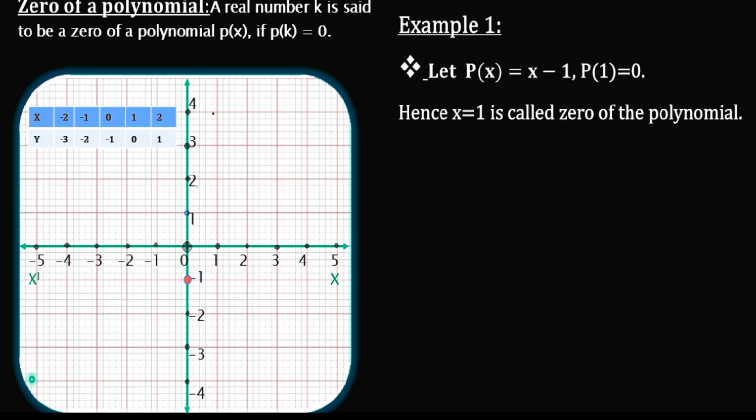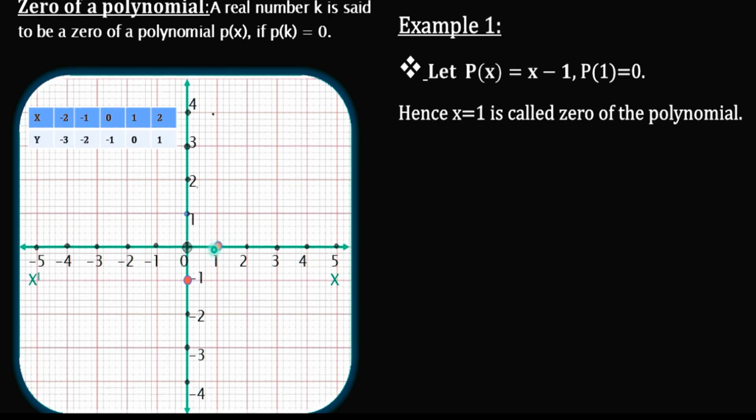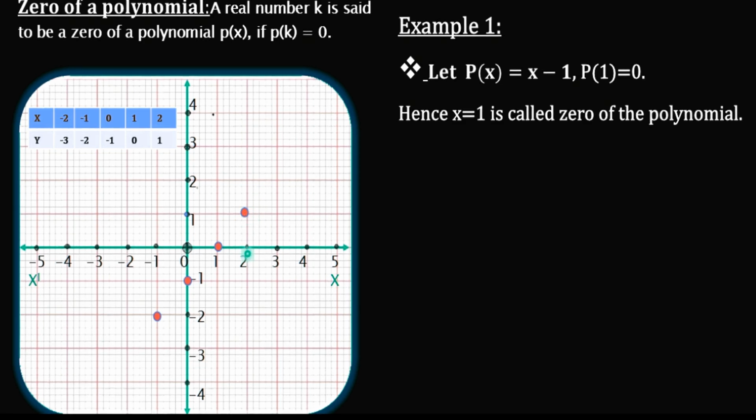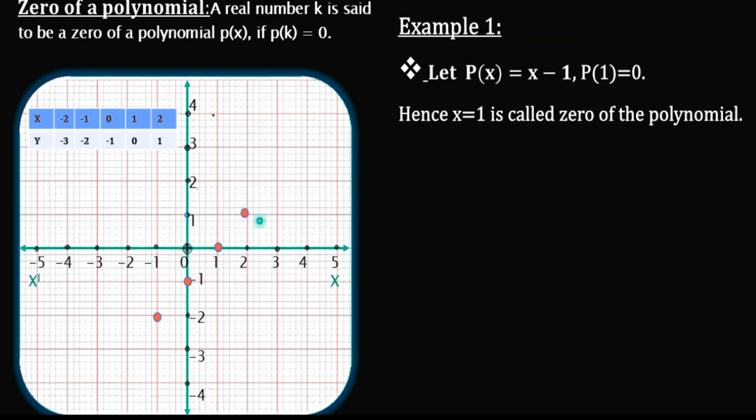1 comma 0, that is, x coordinate is 1 and y coordinate is 0. This is that point. Next, this point is 2 comma 1, that is, x coordinate is 2 and y coordinate is 1, that is the intersection of these two gives 2 comma 1.